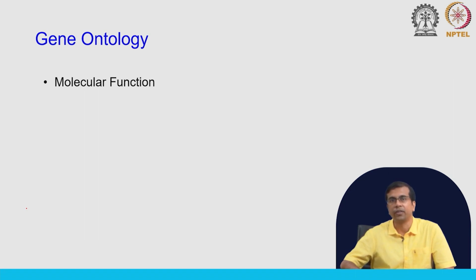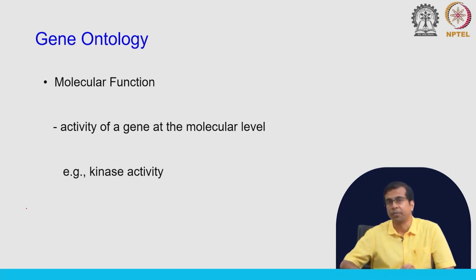So, the molecular function, it means it actually specifies activity of a gene at the molecular level, right, what this gene actually does inside the cell. Okay. So, for example, this gene has kinase activity, okay, or maybe this gene is involved in the isoleucine biosynthesis. Okay. So, this is again the molecular function of the gene, actual molecular function inside the cell. Okay. So, this will be specified here.